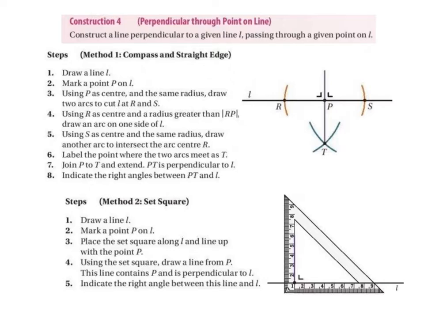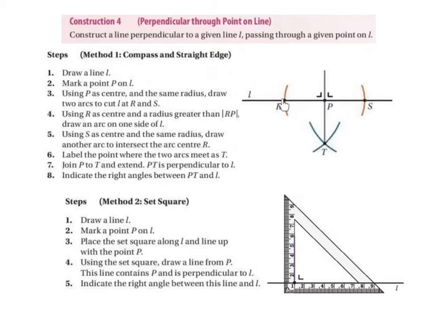So we put our compass point in the centre, open up whatever radius we want, let's say for example 5 centimetres, and then we draw an arc on either side. Or you could just do a full circle, that's no problem. Using R as the centre and a radius greater than RP, draw an arc on one side of L. So basically just open up the compass further than whatever you had it at originally.